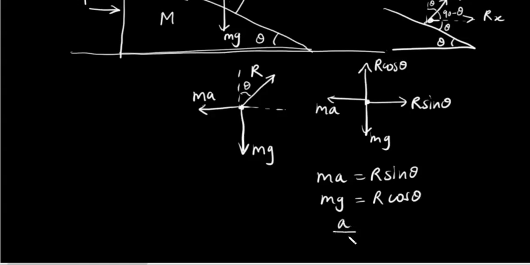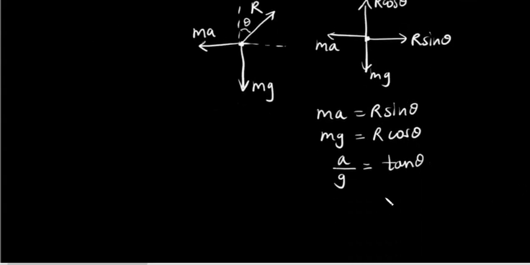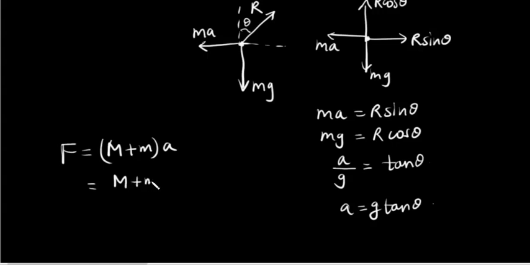Here if I take the ratio, we will get a by g equals tan theta. Now what is a? a is g tan theta. So our force was (M plus m) into a. So this will be (M plus m) into g tan theta. So this is our force.